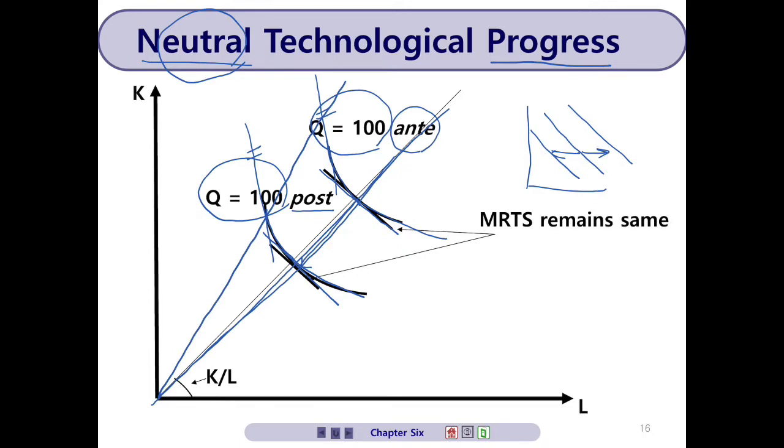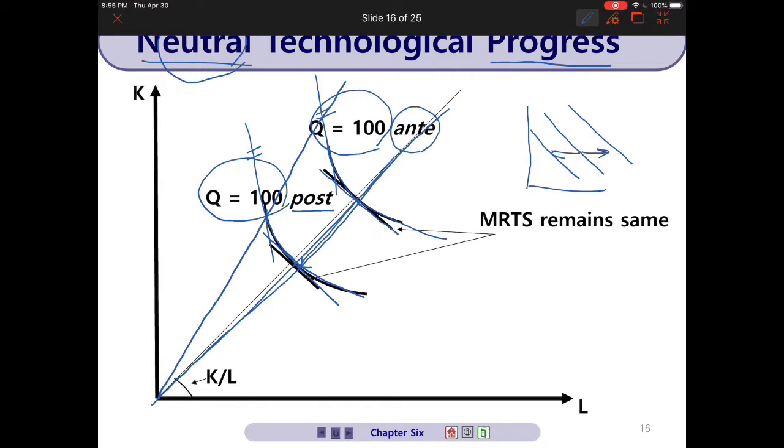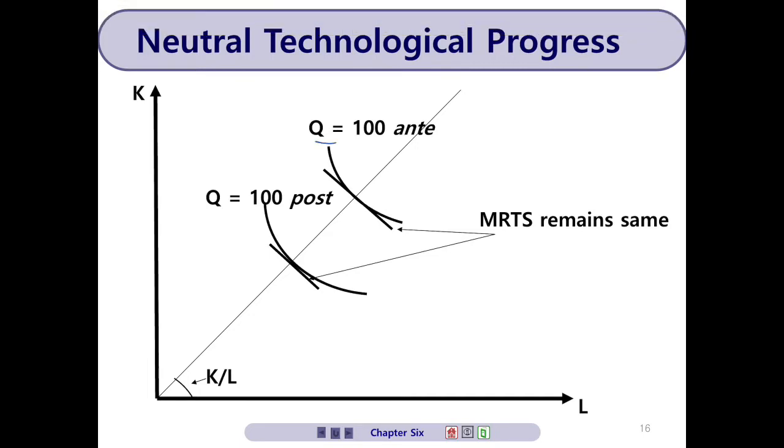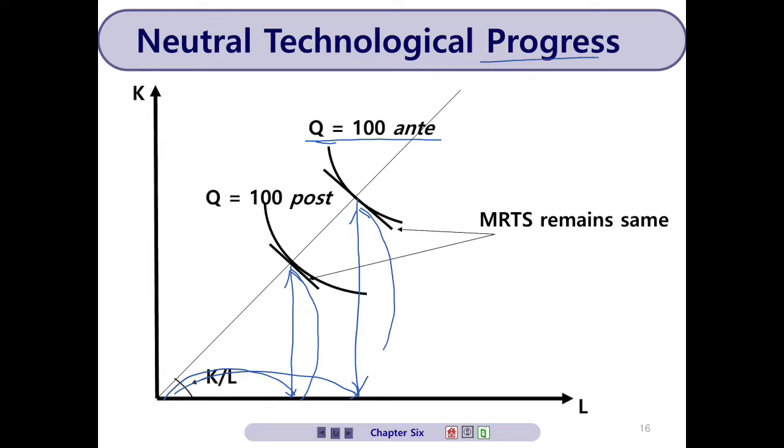That's neutral technological progress. By the way, you may ask why it fits technological progress. Let me explain. Before the technological progress, to produce 100 units of output, we need this amount of labor and this amount of capital. But as our technology improved, we need a smaller amount of labor and a smaller amount of capital. That fits progress in technology.